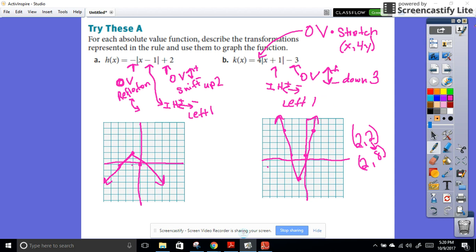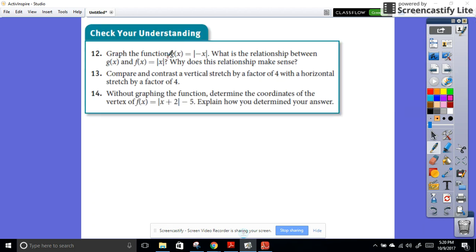All right. Real quick, the check your understanding: graph the function. This is an inside change, so we know it's horizontal. Inside is horizontal. It's multiplication by -1, so that's a reflection, but it's a reflection going left and right.